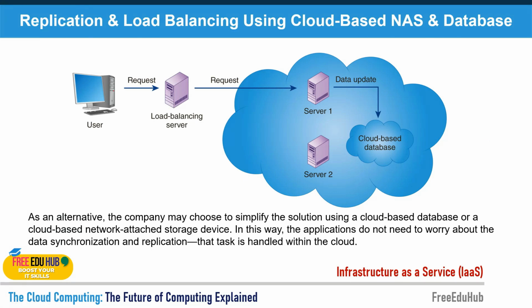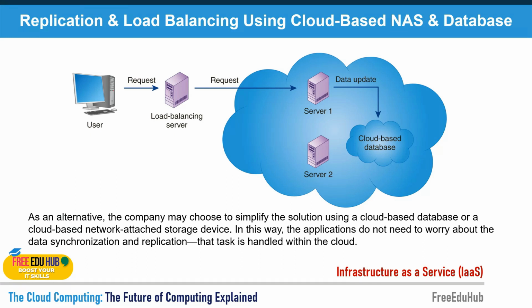Now we are talking about replication and load balancing using a cloud-based NAS database, which we call network attached storage. Alternatively, the company may choose to simplify the solution using a cloud-based database or a cloud-based network attached storage device. In this way, the applications do not need to worry about data synchronization and replication. The task is handled within the cloud.